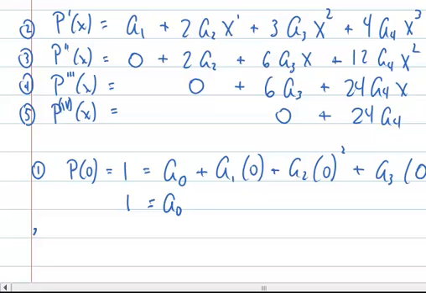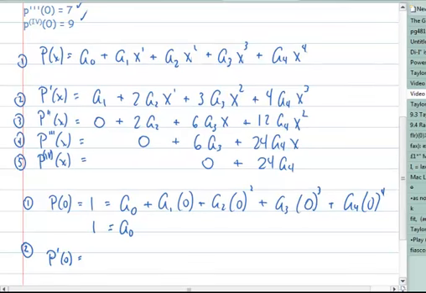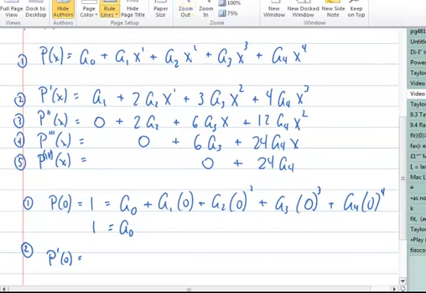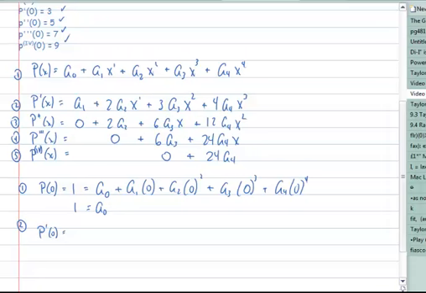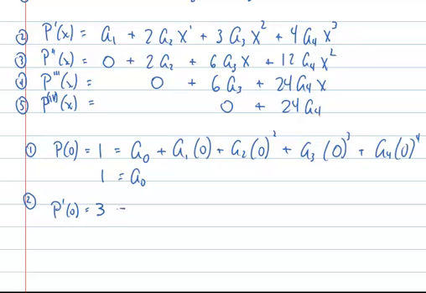Now when I use the next equation, I have the derivative at 0, which from the initial conditions before, let me zoom out so you can see that, says that the first derivative at 0 is equal to 3, which I'll set equal to equation 2. So that says a1 plus, and then all the other terms are 0.